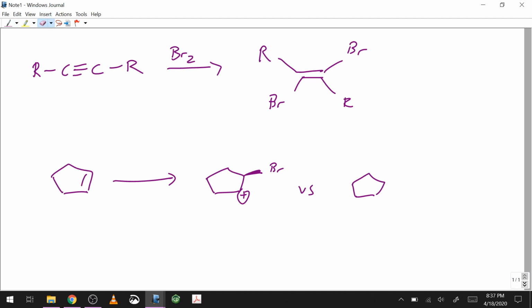So here is a good way of looking at it, because if there's not a cyclic intermediate here, we could expect to not be able to control this. We would expect the stereochemistry to be really bad.